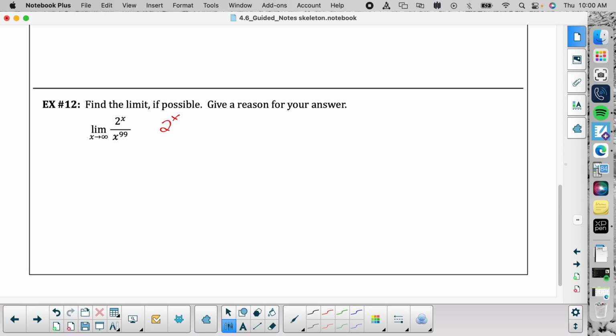It's 2 to the x times ln of 2 times x prime, which is 1. Any numeric base to a variable power, you treat it like e, but it's not e. You rewrite itself times ln of the base number, that's how you make up for the e, times the derivative of the power.